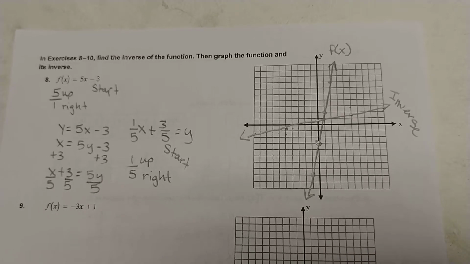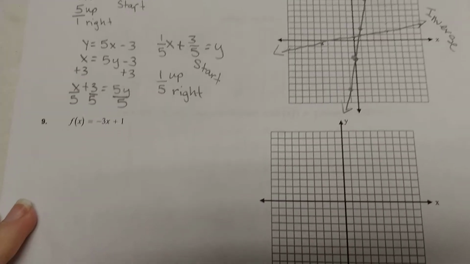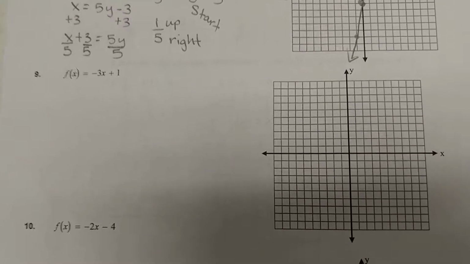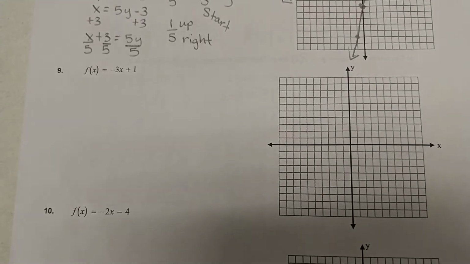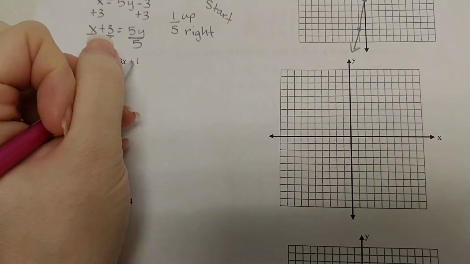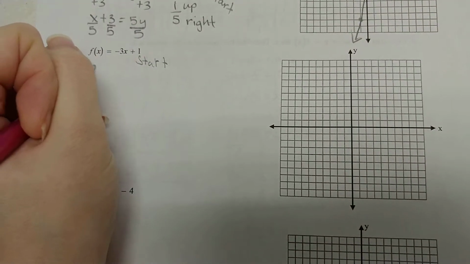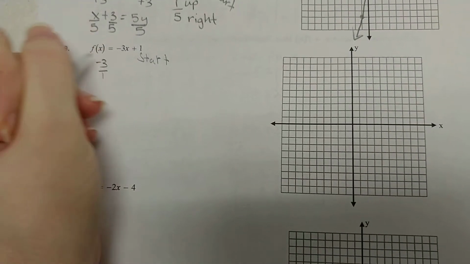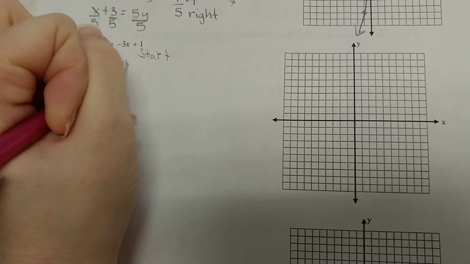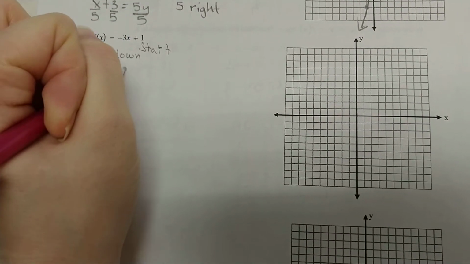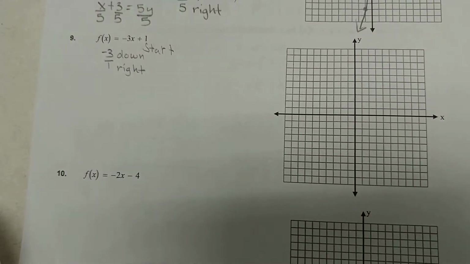Hopefully this is making a little bit more sense now. So let's try one more. Let's do number 9. So number 9, first thing I want to do is graph. I'm going to start at 1. And then I have -3 over 1 for my slope, so that tells me I go down 3 and right 1.